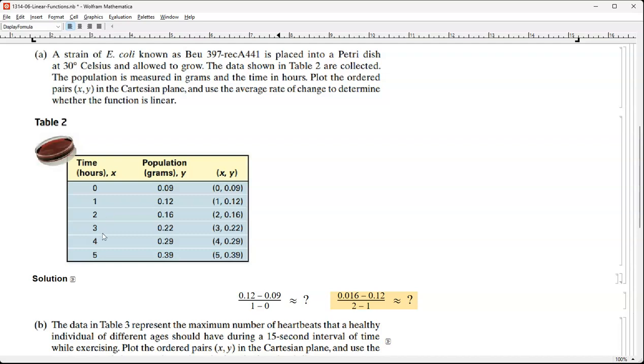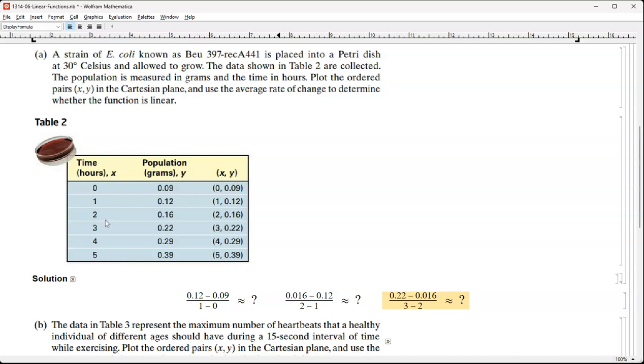If you want to do it for 2 to 3, then you can do something similar as well. So 2 to 3, so 3 minus 2, and then 0.12 is now useless, and then here 0.22, and then you can calculate this, and then you can do times 3 to 4 and 4 to 5, etc.